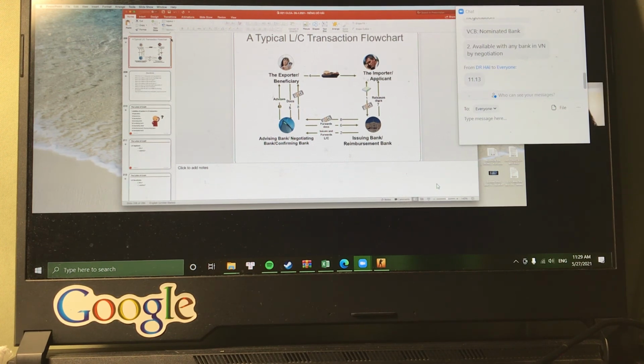Okay, you were right when you said that the issuing bank checks the documents, examines the documents. Why do you check the documents? To make sure that the documents comply with the content of the contract, or comply with the LC?